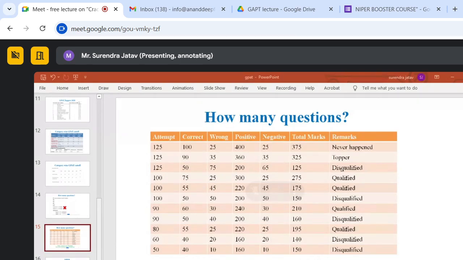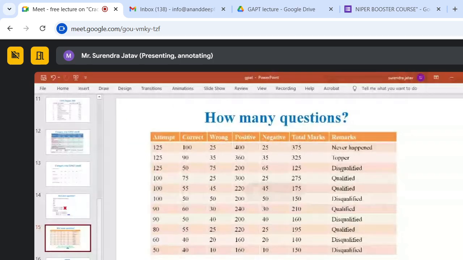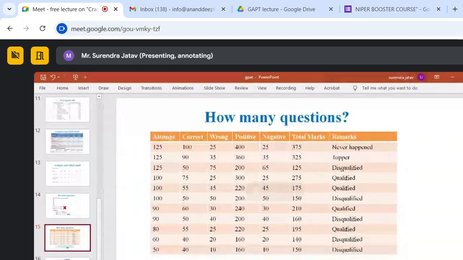Can I continue? So, sir, we have already discussed this for GPAT. This is just an example of how many questions you need to attend, and this is a simple calculation.